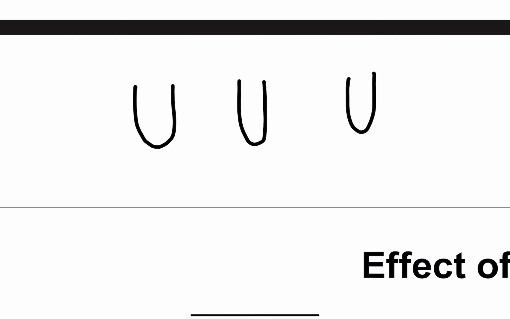So for example, when we were testing pH, we used three different test tubes, and we labeled them with a different pH level. So let's say this one had pH 4, this one had pH 8, and this one had pH 12.